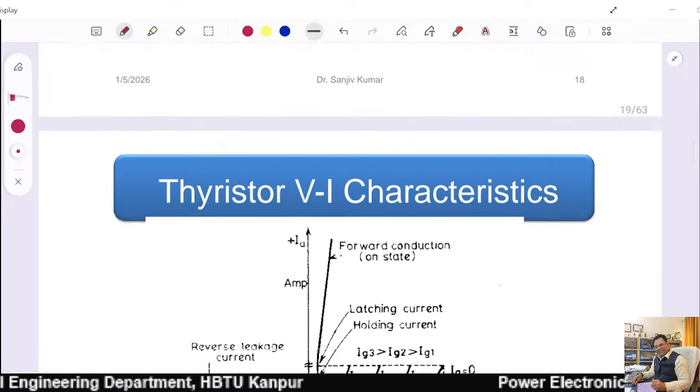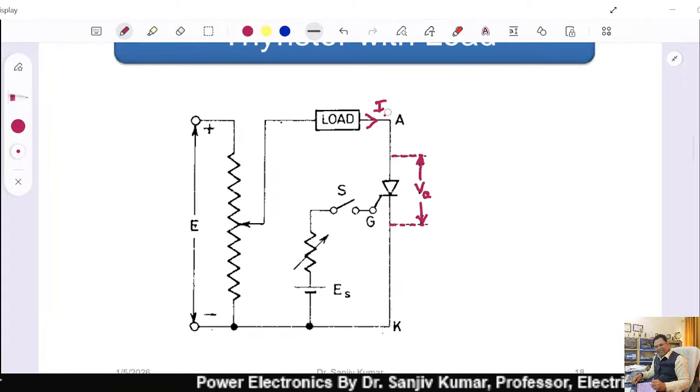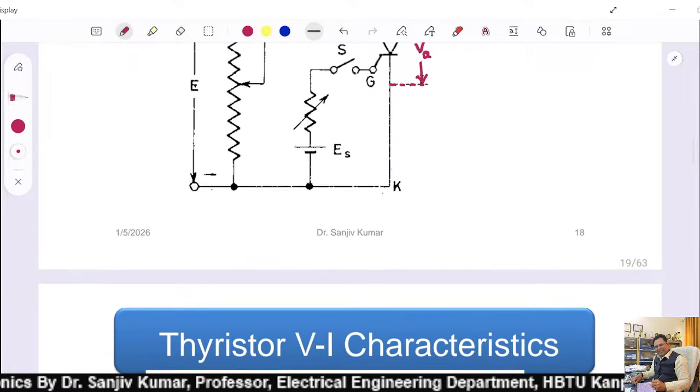This I am showing here. Make this symbol small. This is the anode current IA, right?